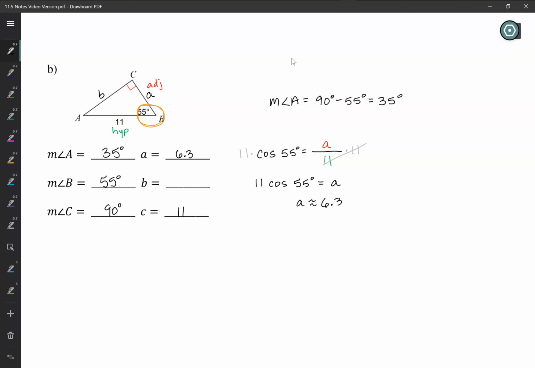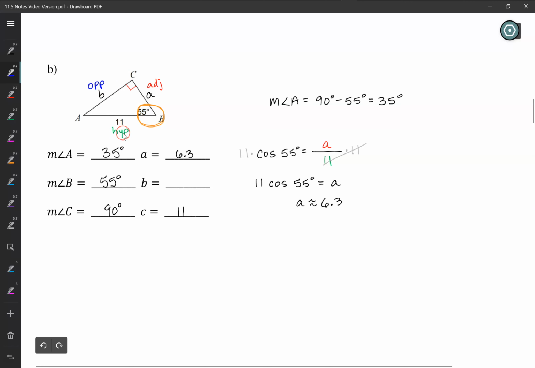So I'm going to find B now. So again, I could use the 6.3 if I wanted to. I could use the 35 degrees if I wanted to. I just don't like to use my own answers in case I made a mistake getting them. So I'm going to still use this 55 degrees. B is opposite the 55 degrees, and 11 is the hypotenuse.